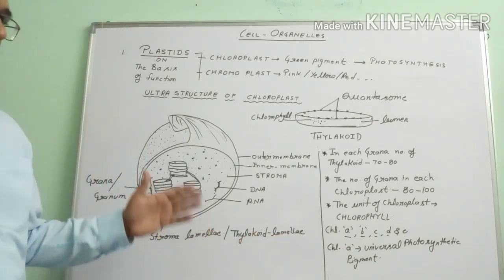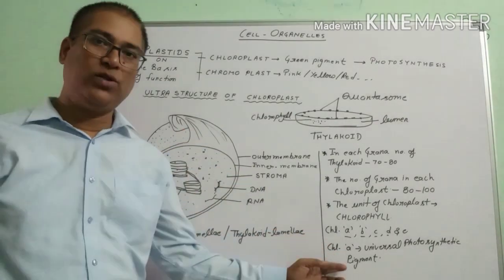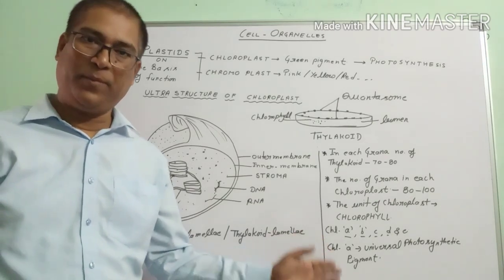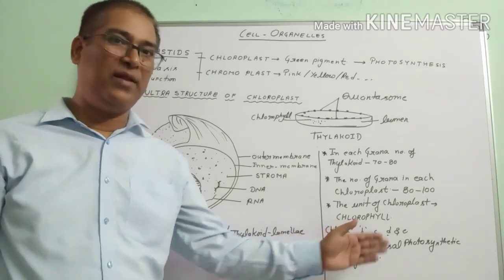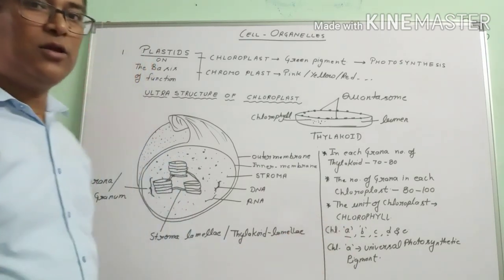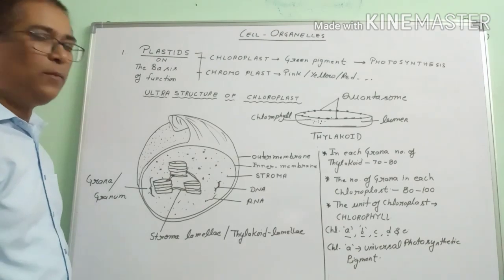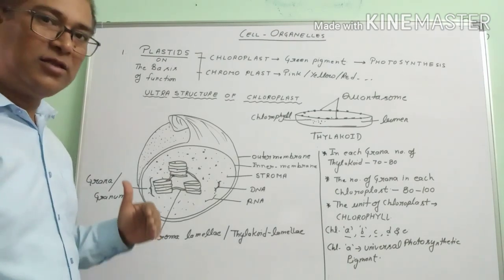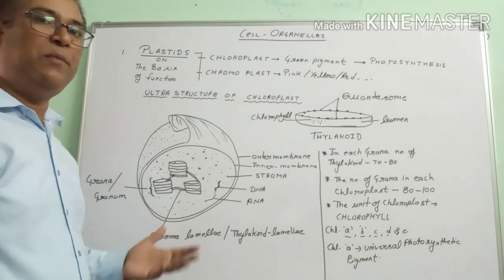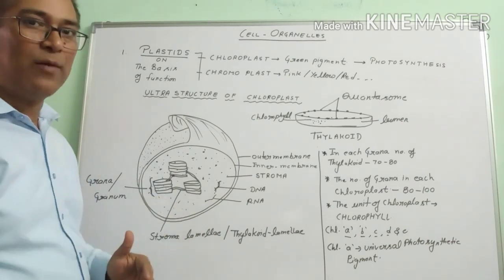That's why chlorophyll A is known as the universal photosynthetic pigment. The others also help in photosynthesis, but chlorophyll A is known as universal because its presence is shown in all types of plants, lower plants and higher plants.